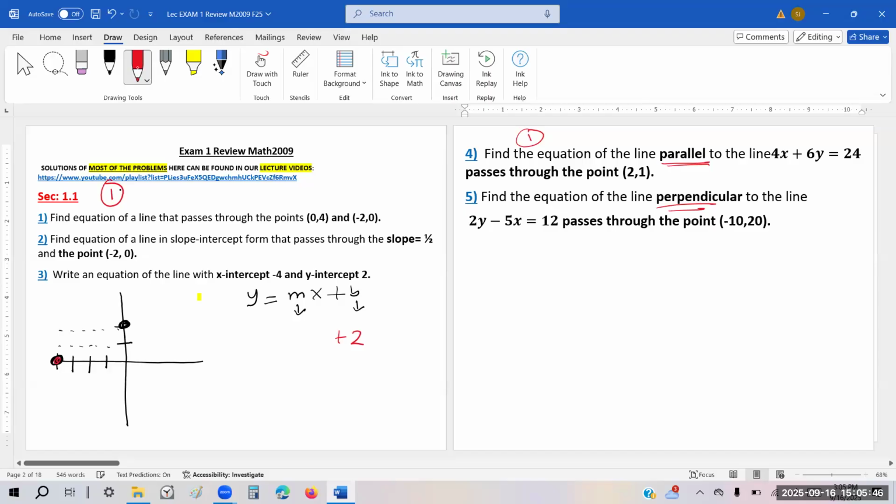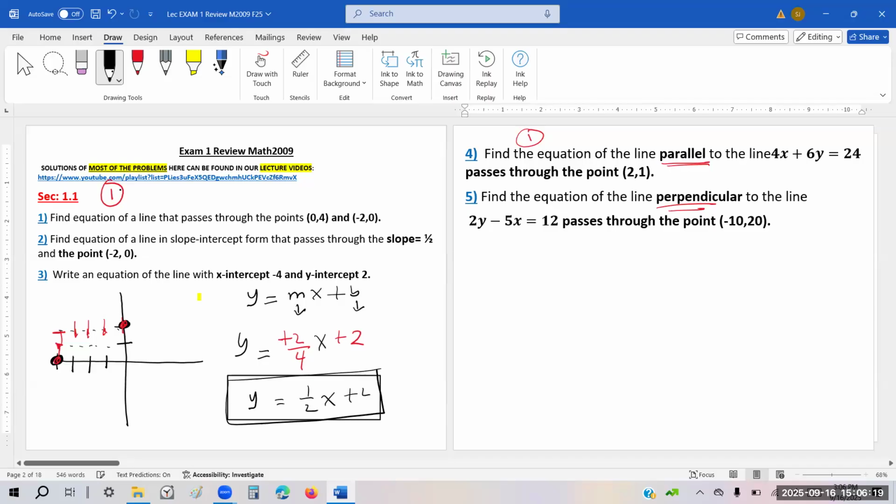So from this point to that point, how many up did you go? 2 up means +2. And then how many right did you go? 1, 2, 3, 4. So 2 over 4. So y equals 2 over 4 x plus 2. But what is 2 over 4? 1/2. So y equals 1/2 x plus 2. That's all.